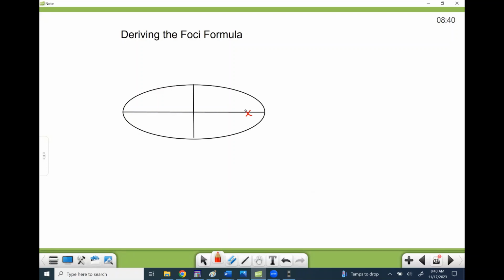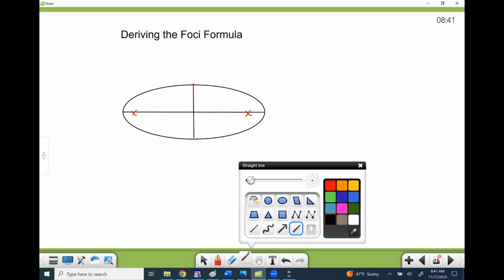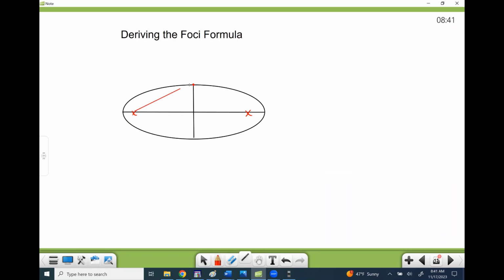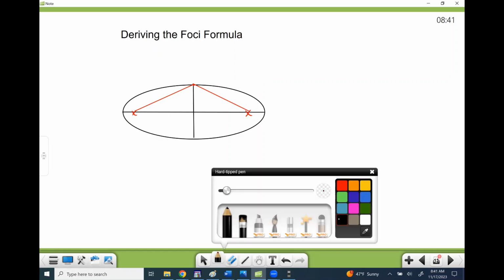Okay. So if I put the string right here so that it was pulled like this, perfectly at the top. Okay. So the string, let's talk about how long the string is.